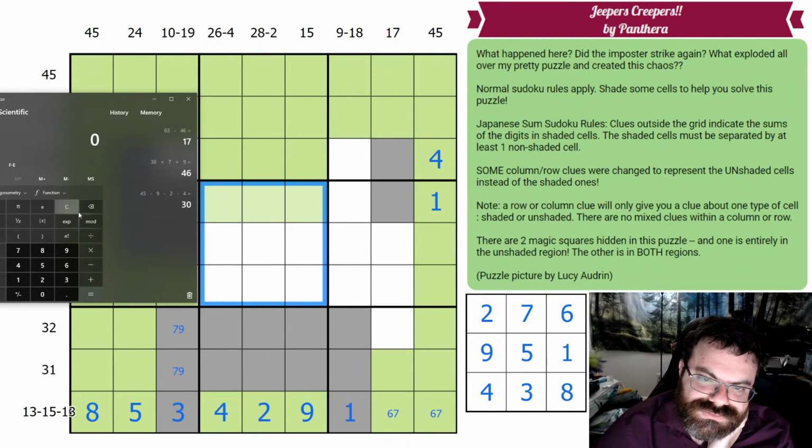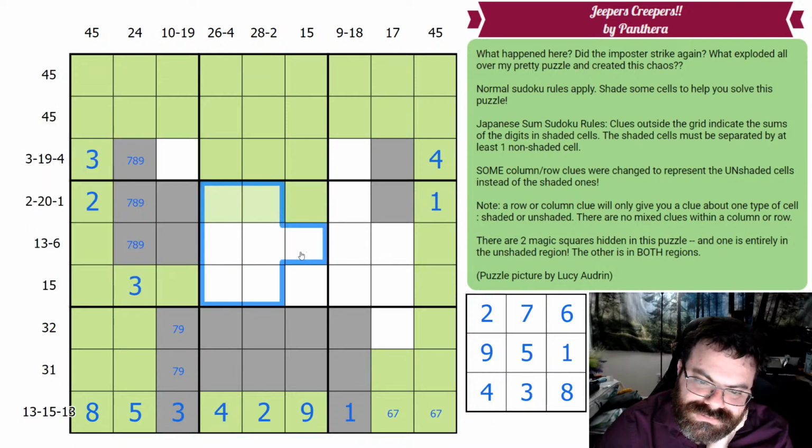So yeah, it doesn't work. If this were all green, the leftovers here would be 15, the leftovers here would be 15.